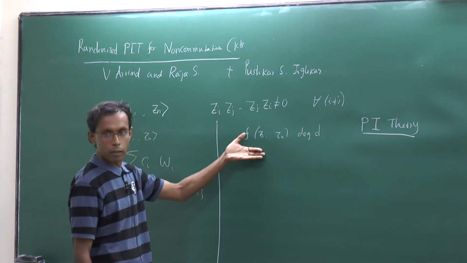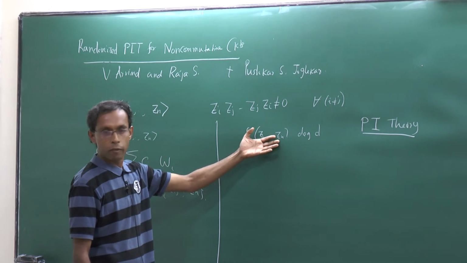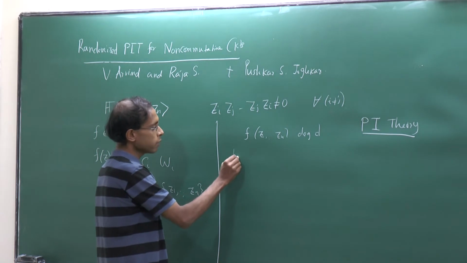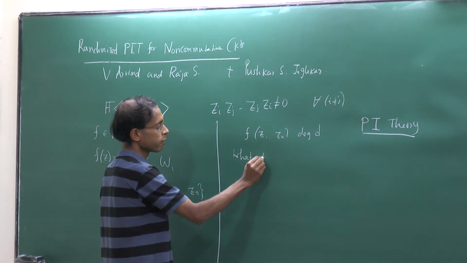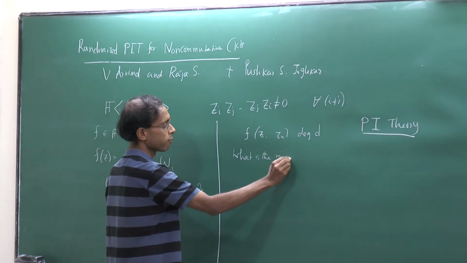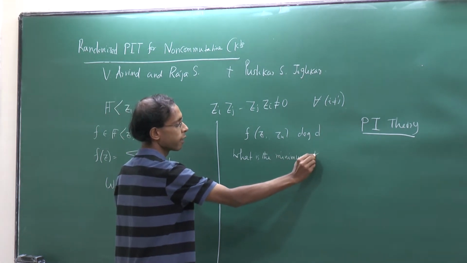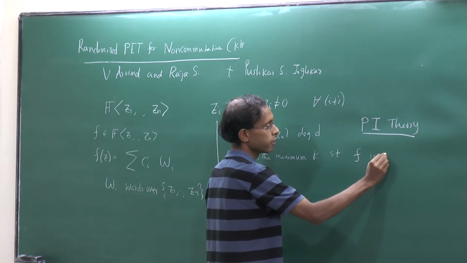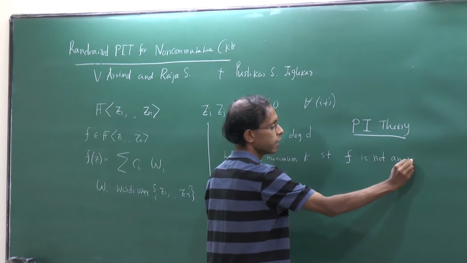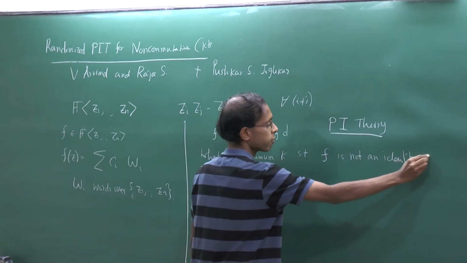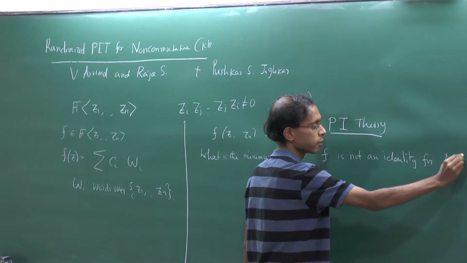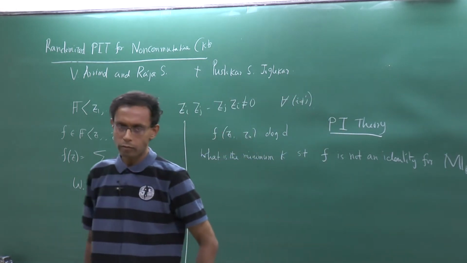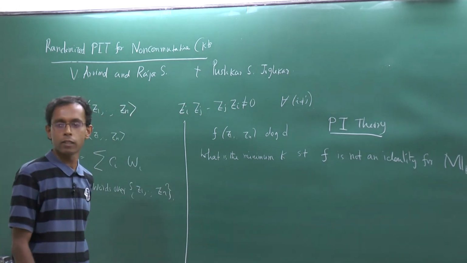I give you a polynomial in the non-commutative ring over n variables and degree d, and you would like to know what is the minimum k such that f is not an identity for the matrix algebra M_k(F), where M_k(F) is the set of all k cross k matrices.